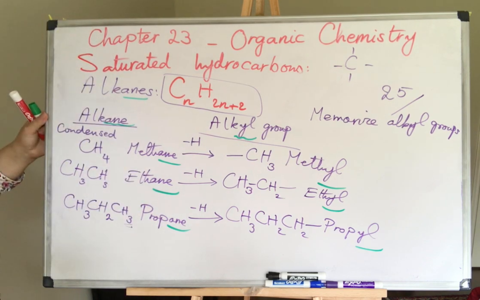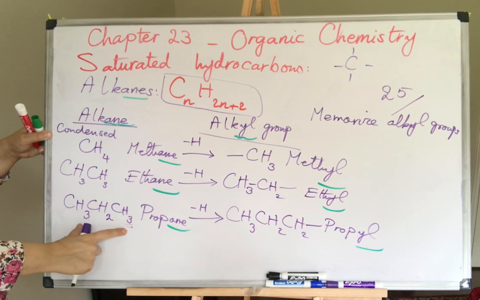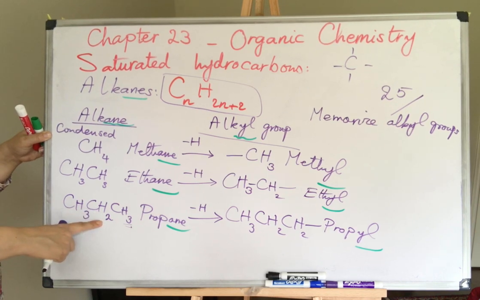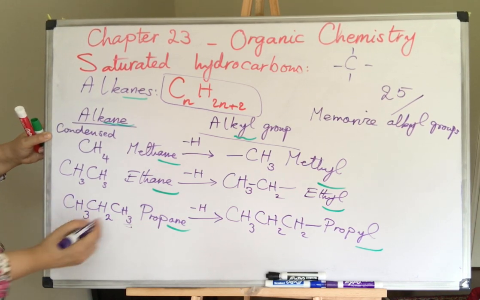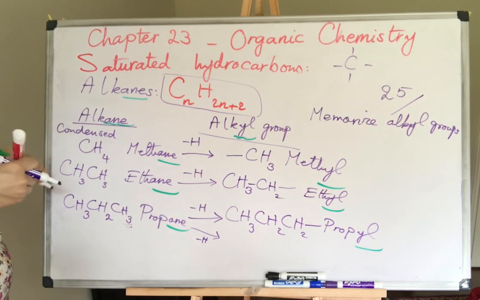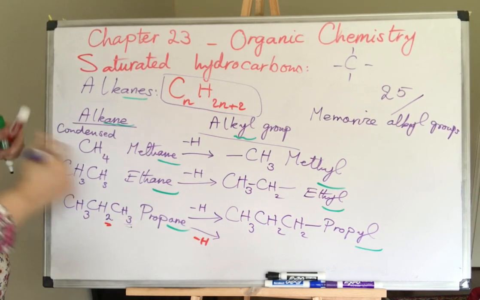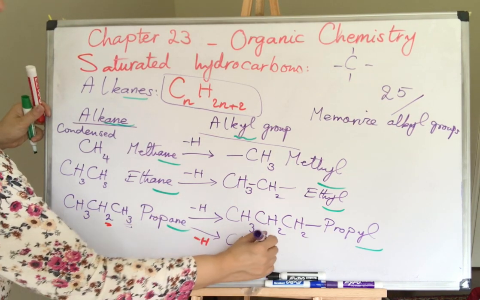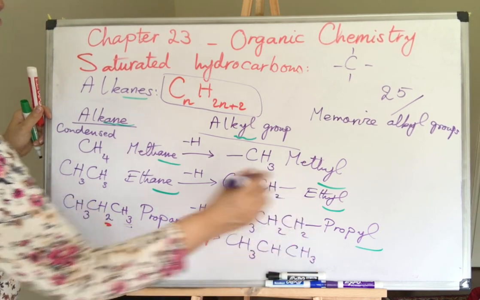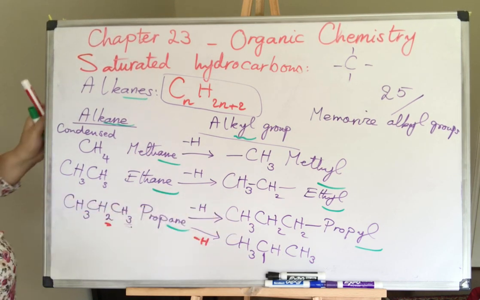Now, in the propane, you would say, how about if I take this hydrogen out? Because these two hydrogens have the same value. They're the same, right? They're both CH3 at the end. But how about I remove one hydrogen from this carbon? So, still propane, but you remove the hydrogen from this. So, you will have CH, and nothing happens to the CH3. So the location of the connection to the other compound is from the middle carbon.